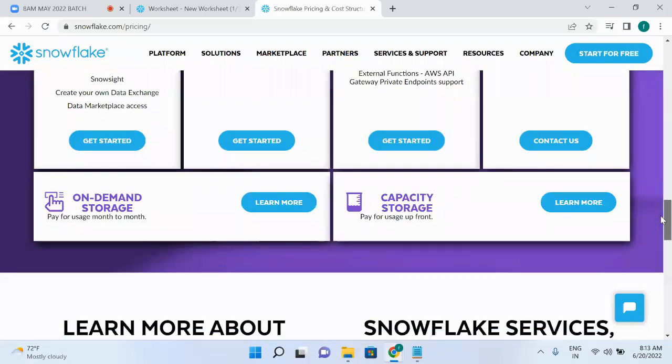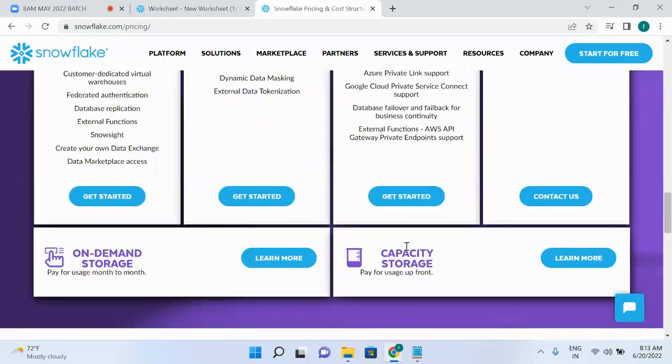Another thing is, when it comes to pricing, we have two concepts. One is pre-purchased, and one is on demand. Pre-purchased means prepaid; we are paying before. On demand means we pay after the utilization, which is a postpaid kind of thing.